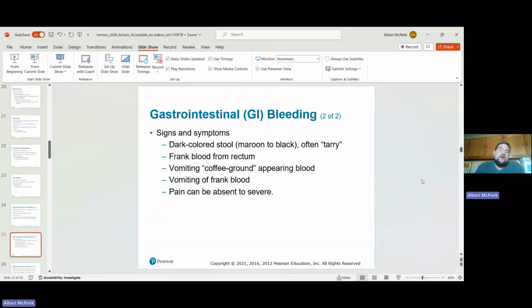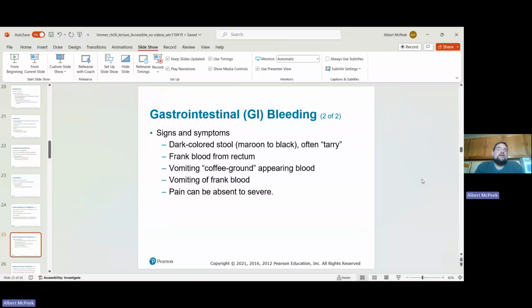Now, it's not some guy named Frank, but frank blood means this is visible red blood from the rectum. Vomiting of a coffee ground appearing blood. Vomiting of frank blood. And with that, the pain's absent to severe depending on where you're leaking.